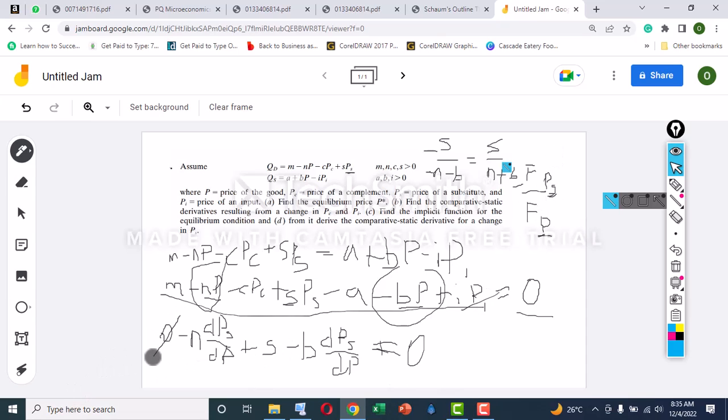This 0.2 is gone, we don't need it. So you can now collect like terms. Make the dps over dp the subject of the formula. It simply means move.